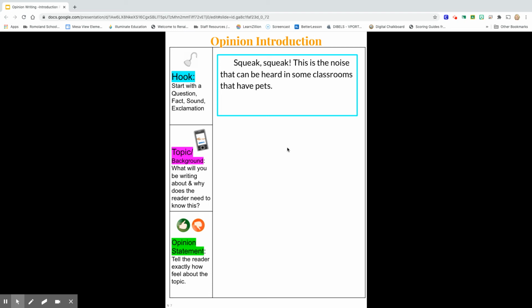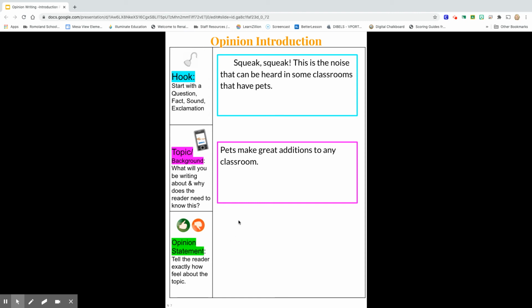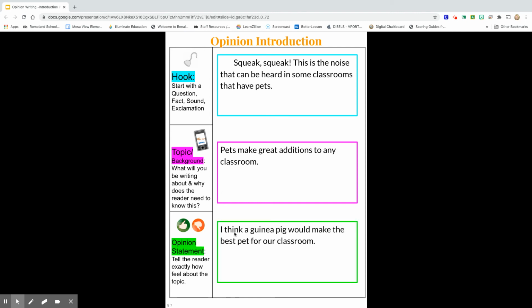Next, for their topic and background, they wrote, pets make a great addition to any classroom. Oh, so now they told us what they're going to be writing about, pets being in the classroom. And now for their opinion statement, I think a guinea pig would make the best pet for our classroom. Now, again, this person isn't telling me why they feel that, they're just saying how they feel at this time.